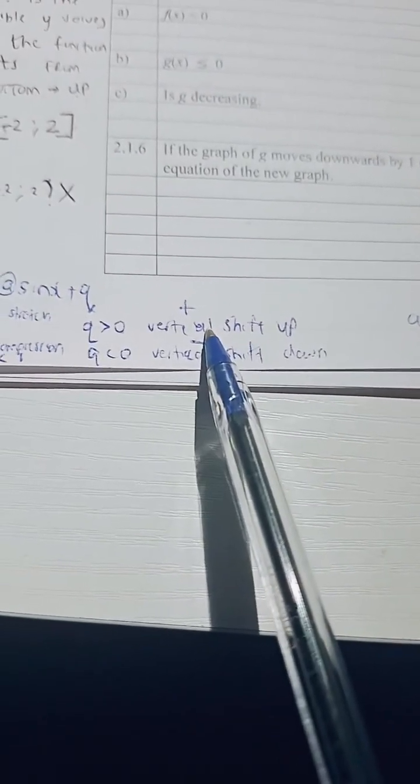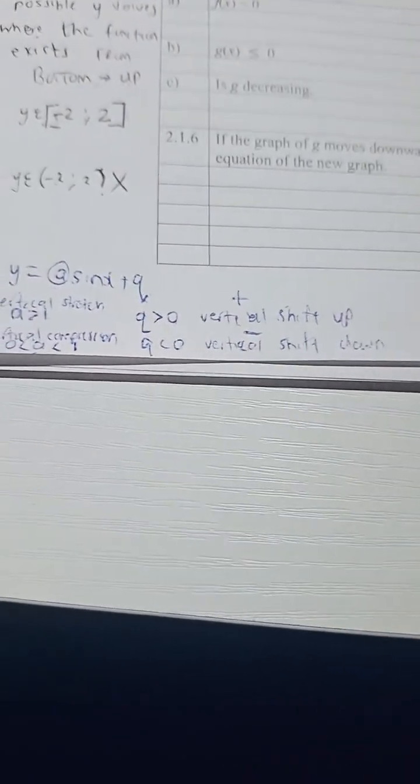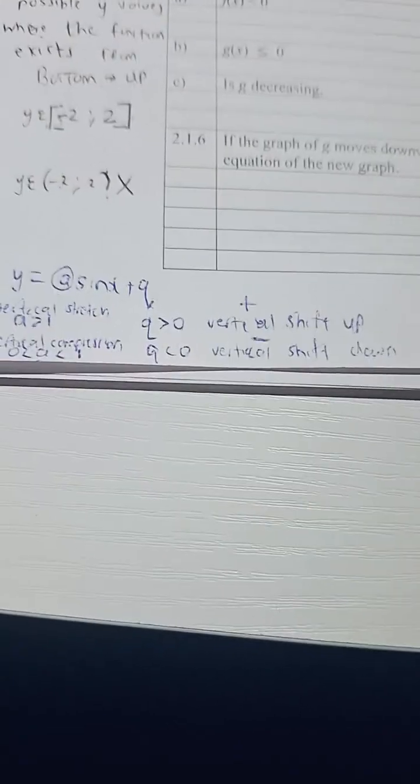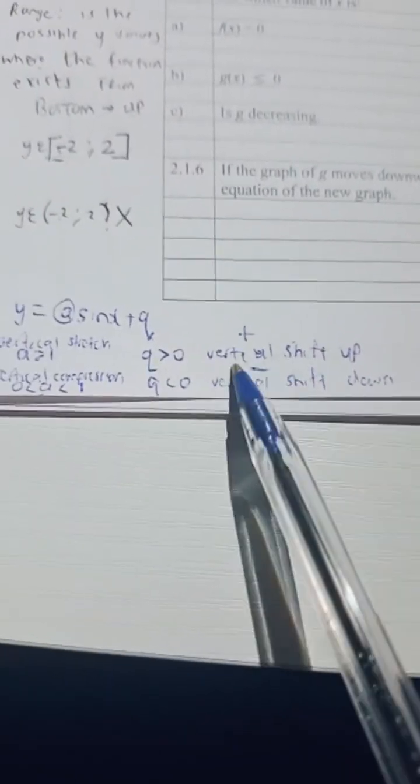It's either vertically stretching or compressing, or it is moving up when q is greater than 0, or moving down when q is less than 0. So it's shift up or shift down. That is the only thing we are concerned about when it comes to that particular function.